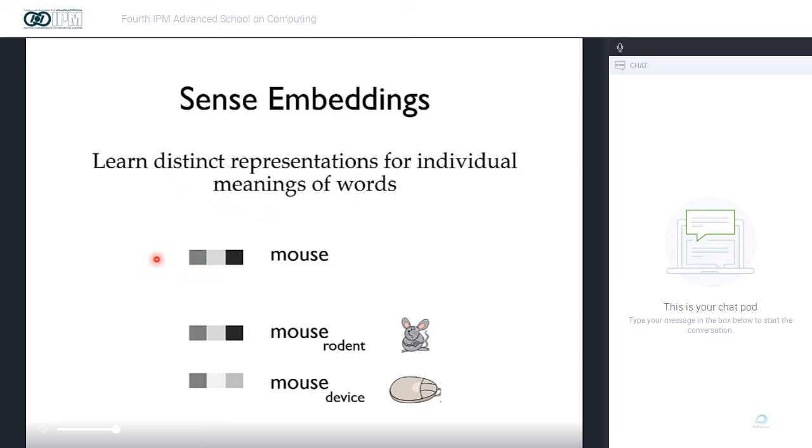The problem we had with word embeddings was that it conflates all the different meanings that a word can potentially have in a single vector. What we are trying to have in sense embeddings is distinct representations for the different meanings. For example, for the word mouse, we are trying to have a distinct representation for the rodent and a distinct one for the device.